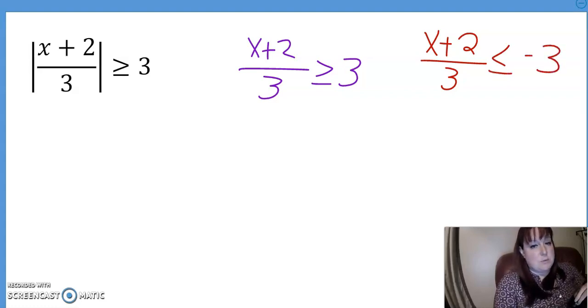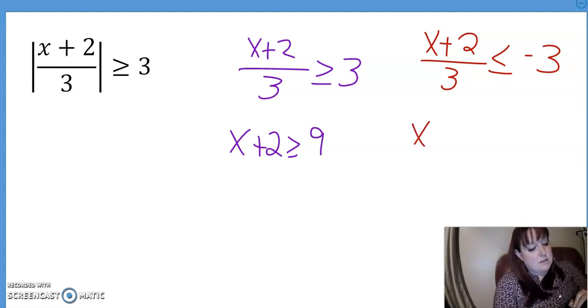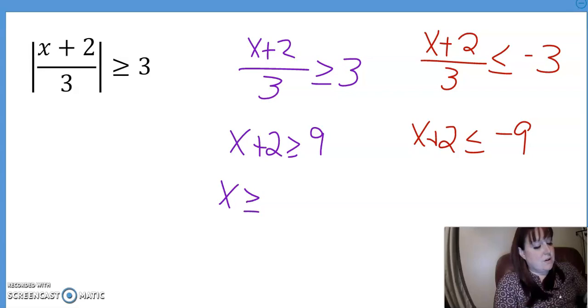So those are our two options. We multiply both sides by 3, and I get x plus 2 is greater than or equal to 9, or x plus 2 is less than or equal to negative 9. Then I subtract 2, so I have x is greater than or equal to 7, and x is less than or equal to negative 11, so those are my two options.